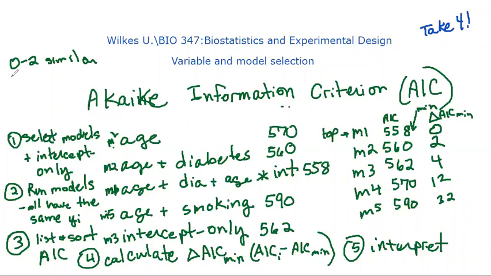From 2 to 4, they're okay. And this is just a rule of thumb. And then 4 to 7, I will say these are meh models. Greater than 7, don't consider.